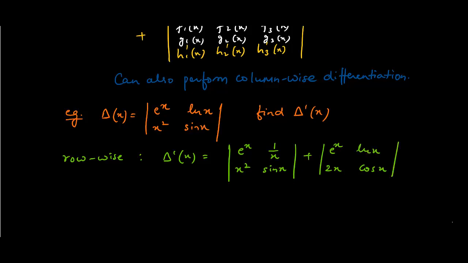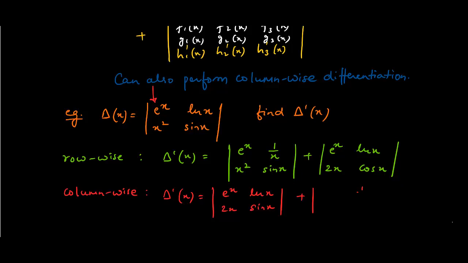If I solve the same question using column wise differentiation, delta dash x is equal to, first the differentiation of the first column: e to the power x gives e to the power x, x square gives 2x, second column same: ln x, sin x, plus now we differentiate the second column: 1 by x and cos x, keeping the first column unchanged, e to the power x, x square.